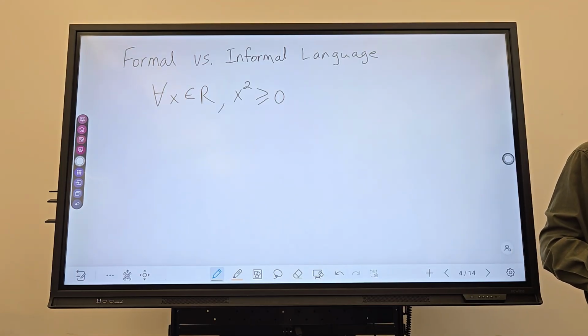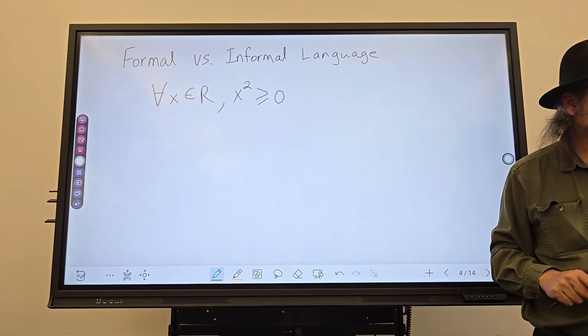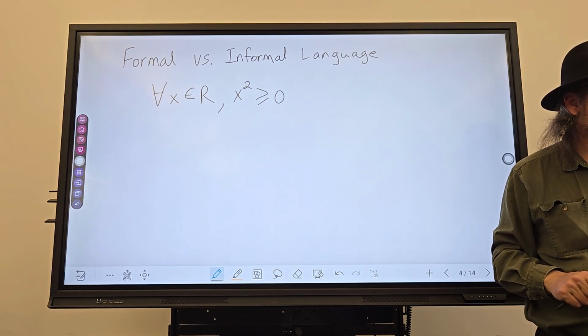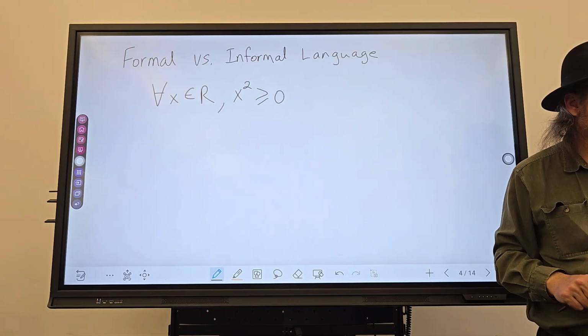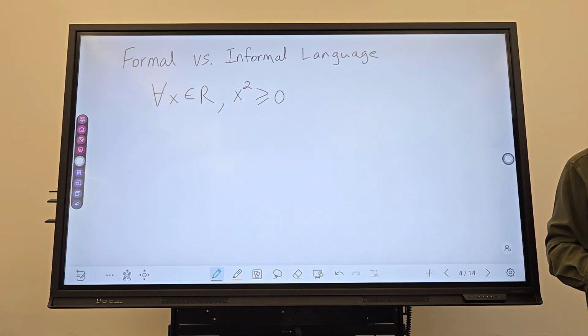What would be an informal way of saying that? Not using quantifiers, not using variables. How would you say that informally?